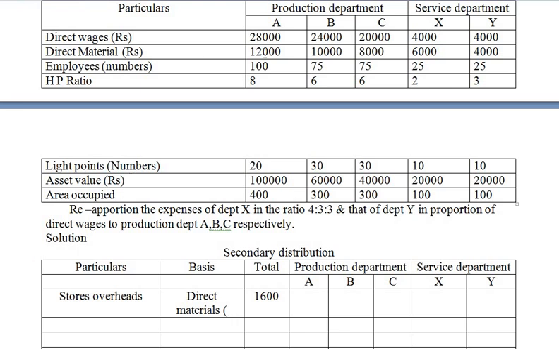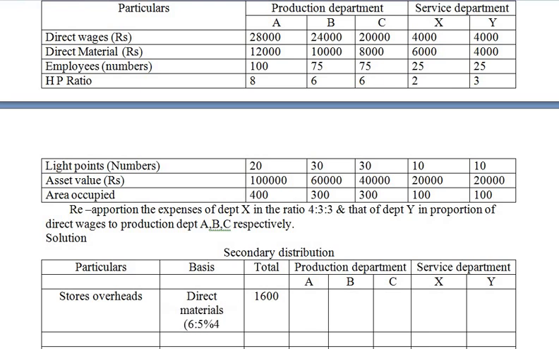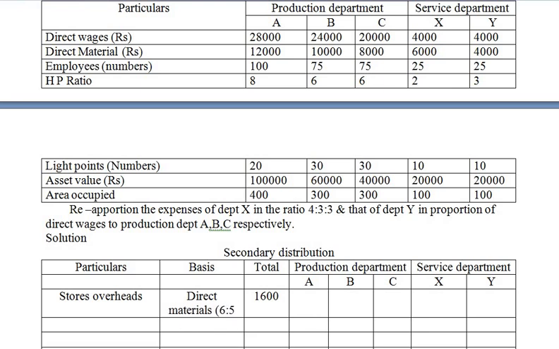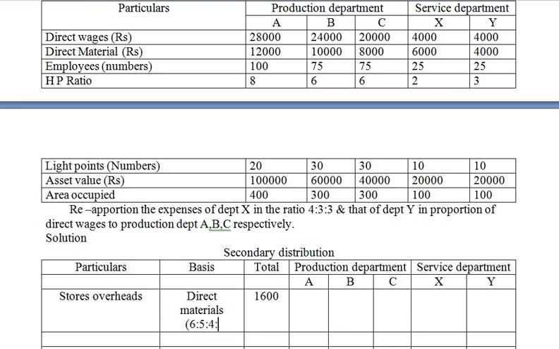Now here direct material is 12,000, 10,000, 8,000, 6,000, 4,000. Just to simplify this, find out the ratio: 6 is to 5 is to 4 is to 3 is to 2.